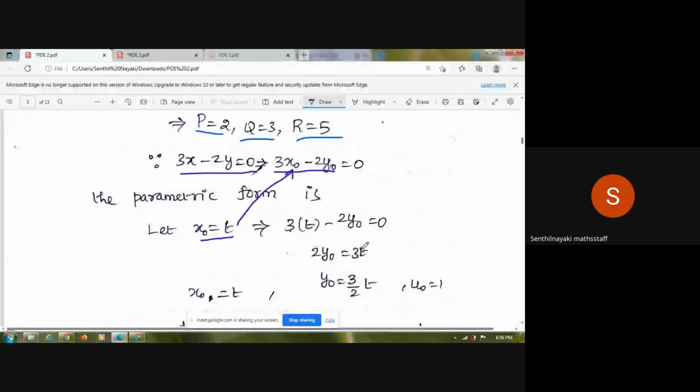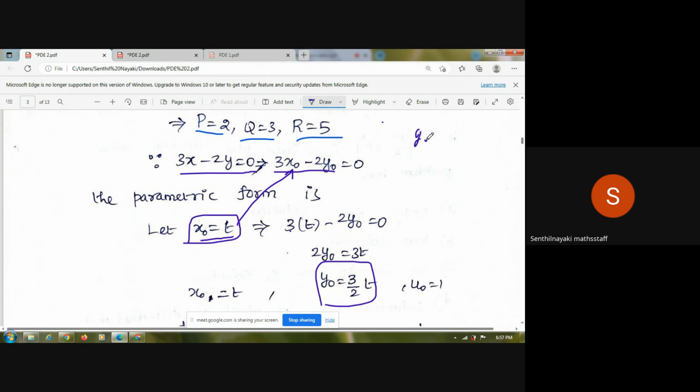Now are you able to understand? From the equation 3x minus 2y equal to 0, we assume x naught equal to t and we get the value of y naught in terms of t. So x naught and y naught are both in terms of t. There is no restriction on assuming x naught equal to t. We may assume y naught equal to t. Let us see what will happen.